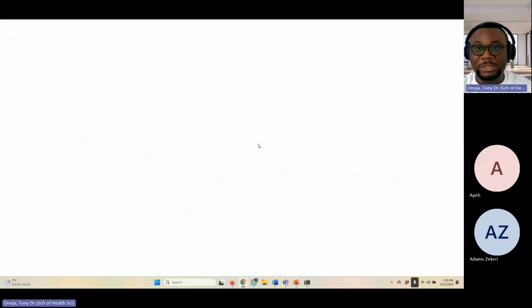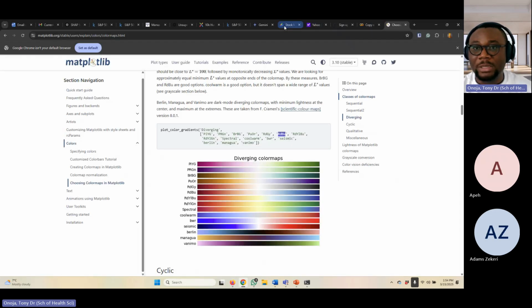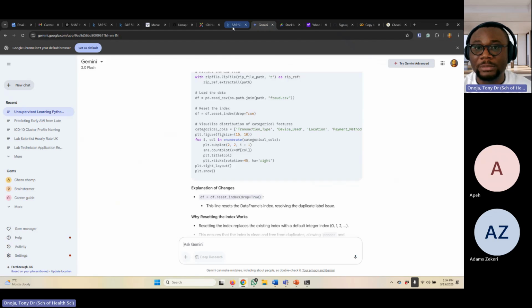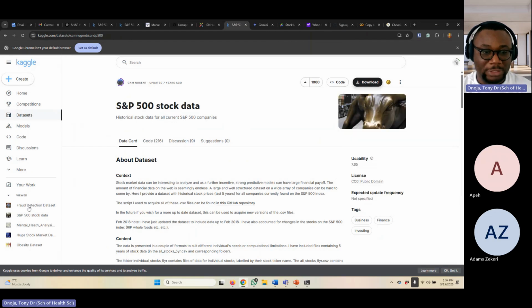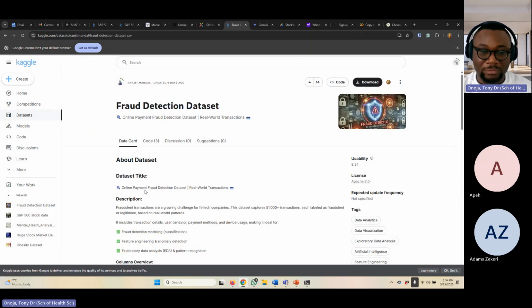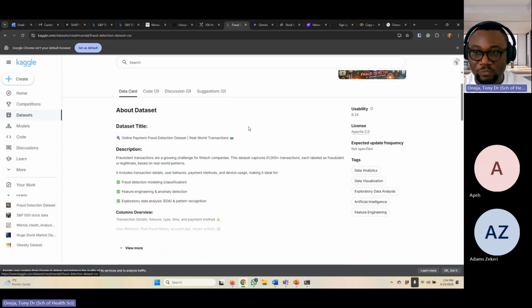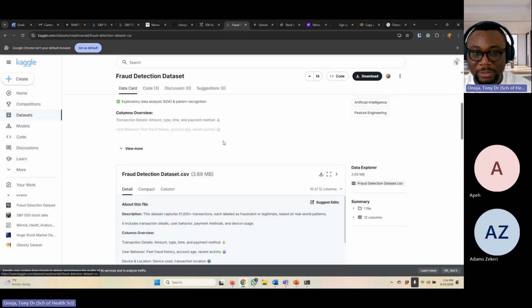You could see it is a very current data set on Kaggle here. Let's see, the fraud detection data set. Like I said, always check Kaggle. It's a good place, and this is where the data set came from. I think it was a very recent data set.